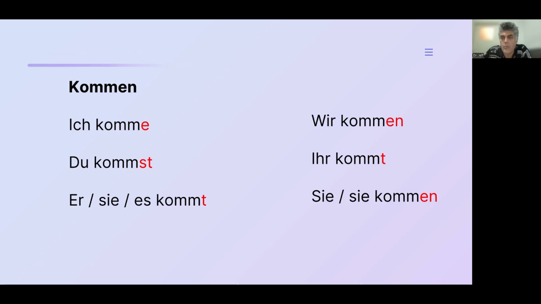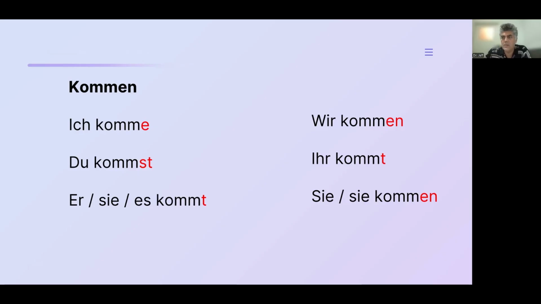Ihr kommt. This is also like er, sie, es kommt. Sie and Sie, these two, you formal, and also sie, they, sie und Sie kommen. So sie kommen.